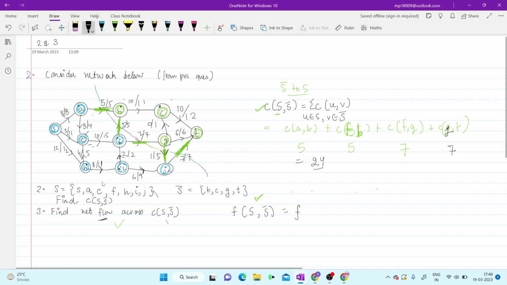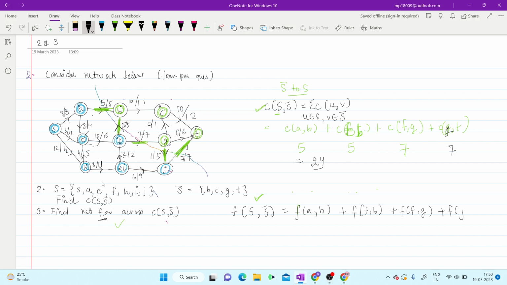Now if we want to compute the flow of this cut, what is it? Edge AB, plus B to C, plus F to B. This is the direction, F to B. Plus F to G, plus J to T. And we subtract G to J, because it is in the other direction, going from S bar to S, so we subtract this.